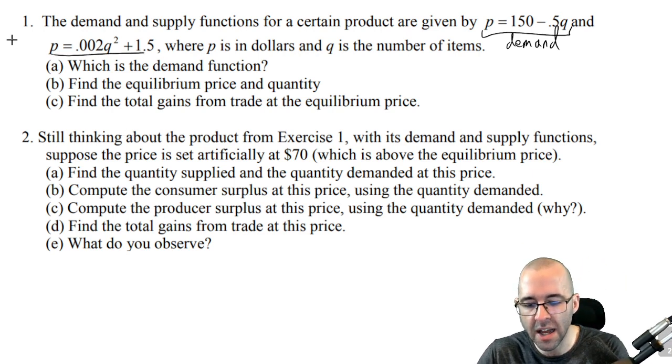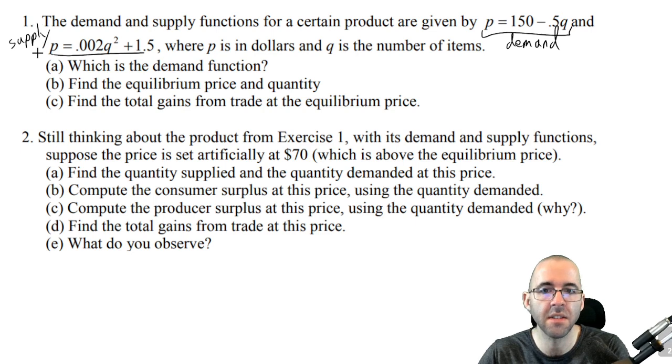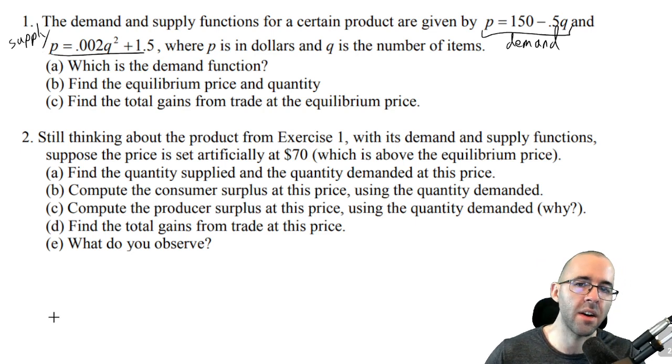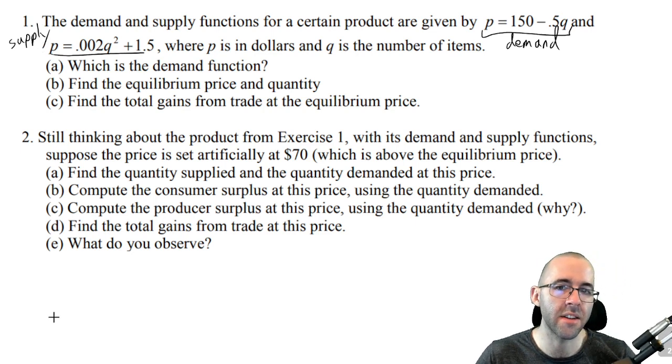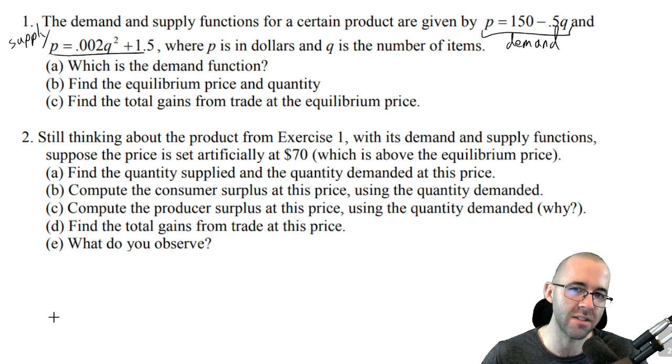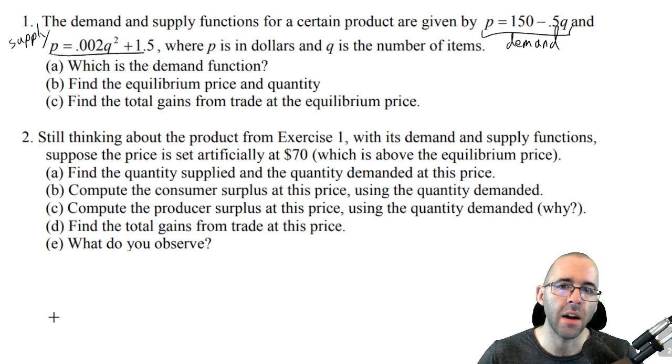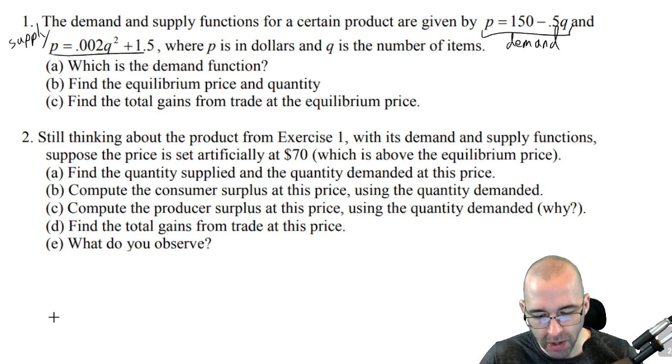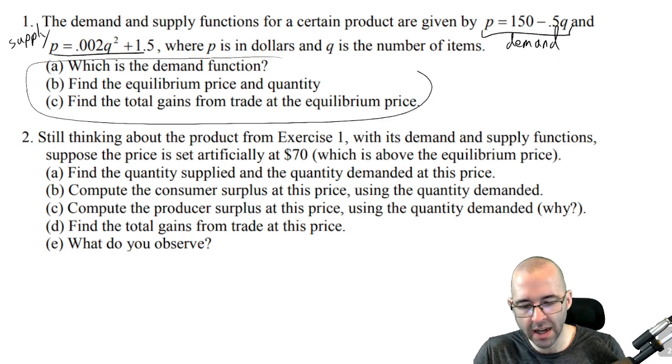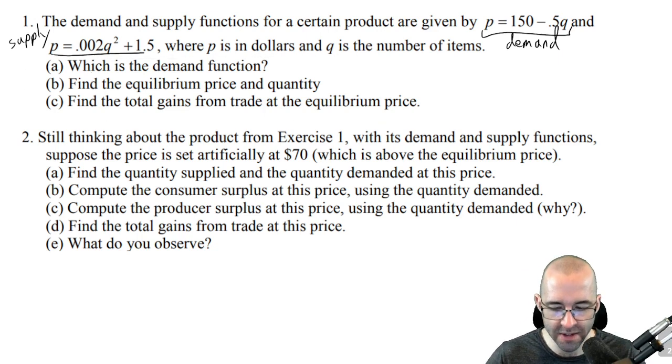This must be the supply because it always increases, on its domain of Q being greater than 0 anyway. P is in dollars, Q is the number of items for supply and for demand. Okay, cool. In 1A, you probably answered which one is demand, equilibrium price, all that stuff.